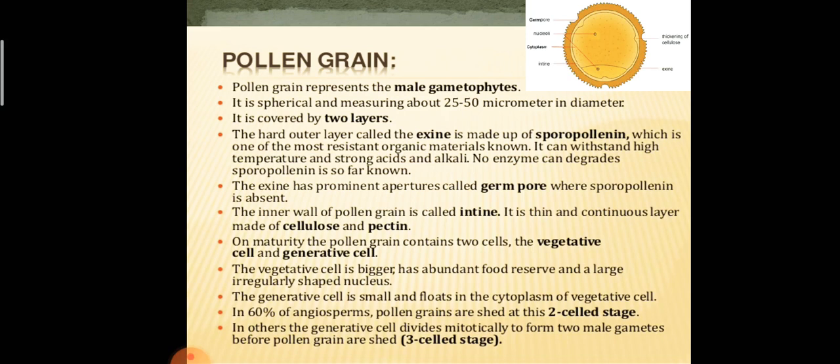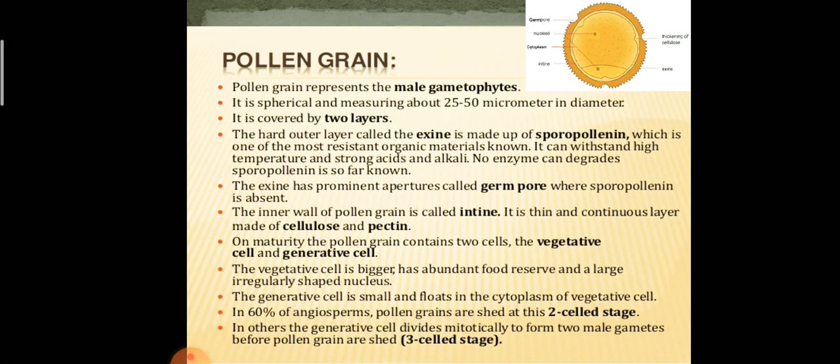This is a typical pollen grain diagrammatic representation. The pollen grain has interruptions in the exine, and the intine is fully covered. The outermost part is known as the exine, which is made up of sporopollenin, and the innermost layer is known as the intine, which is made up of cellulose and pectin.